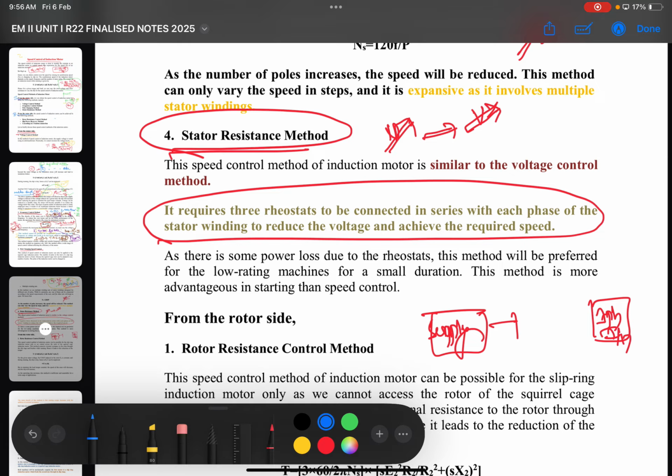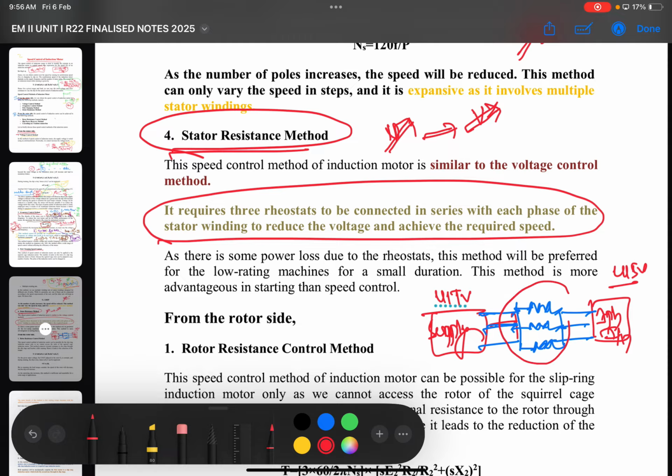Now I will try to add this three phase resistance in series with the induction motor. Previously, whatever the voltage 415 volts is there, everything reaches directly to the three phase induction motor. There is no change here.